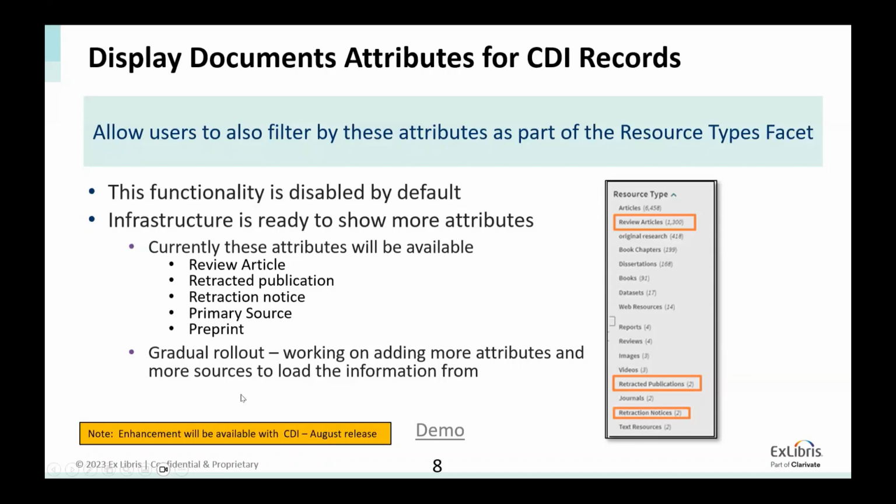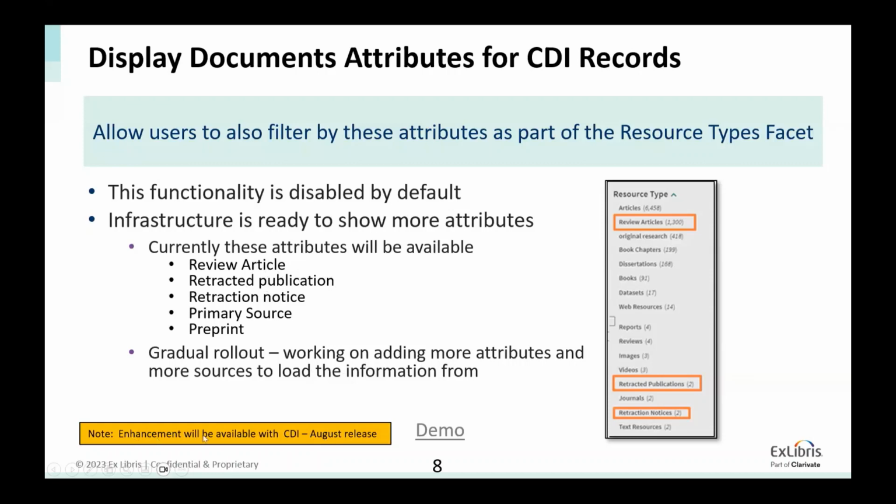I also want to mention that you will see in the release notes which sources we are pulling this information from, and of course it will be a gradual growth, with more sources over time.